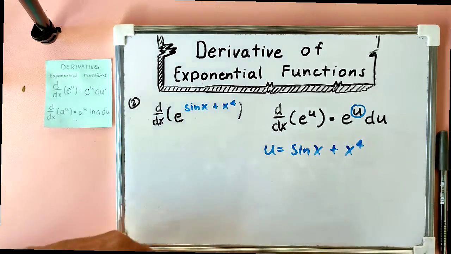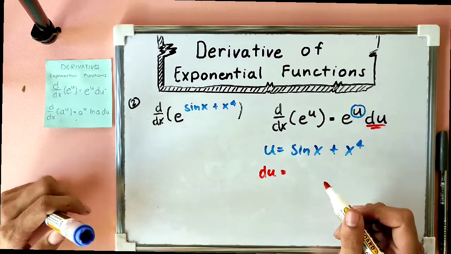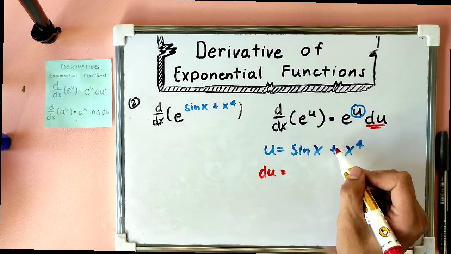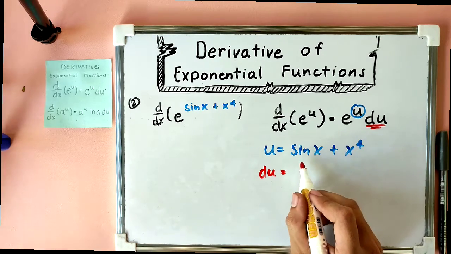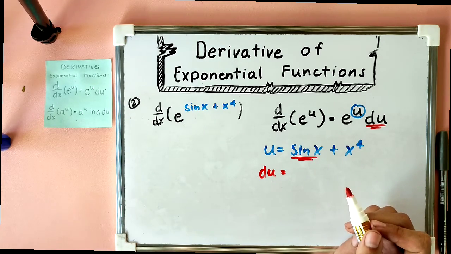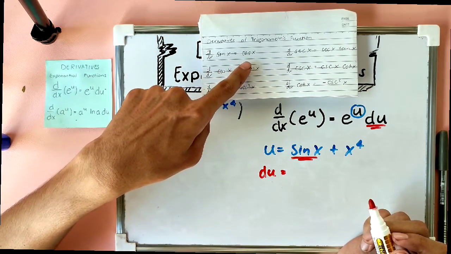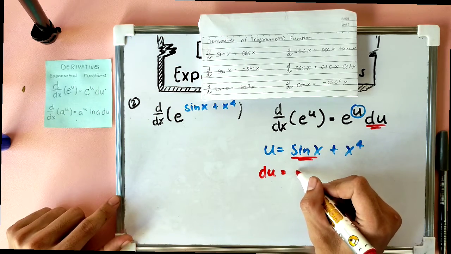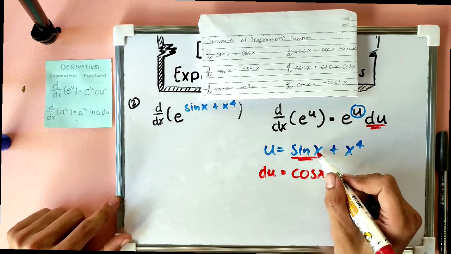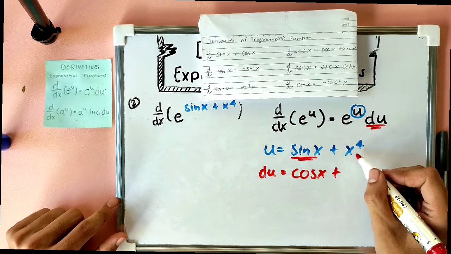Then kunin natin ang derivative ng u. So i-derive, dahil napaghiwalay siya ng dalawang term ng addition na sign, kunin muna natin ang derivative ng sin x. So as we recall, sa derivative of trigonometric functions, ang derivative ng sin x is equals to cos x. Ang derivative niya ay cos x plus ang derivative ng x raised to 4.